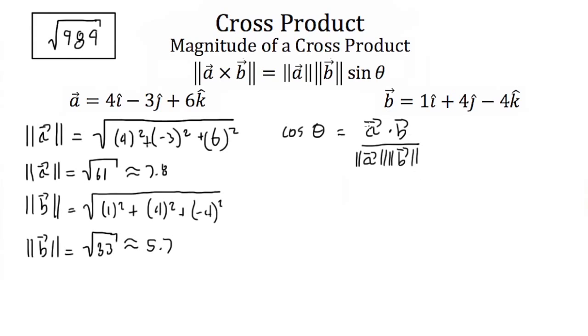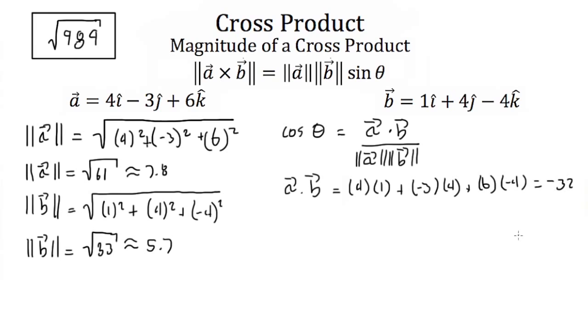So I've got to find the dot product. Vector A dotted with vector B. Well, when we find the dot product, we take their x values and we multiply them together. So 4 times 1. And we add that to their y values multiplied together. So negative 3 times 4. And we add that to their z values multiplied together. So 6 times negative 4. This is equal to negative 32, which means the cosine of the angle between these two vectors is equal to negative 32 over their magnitudes multiplied together.